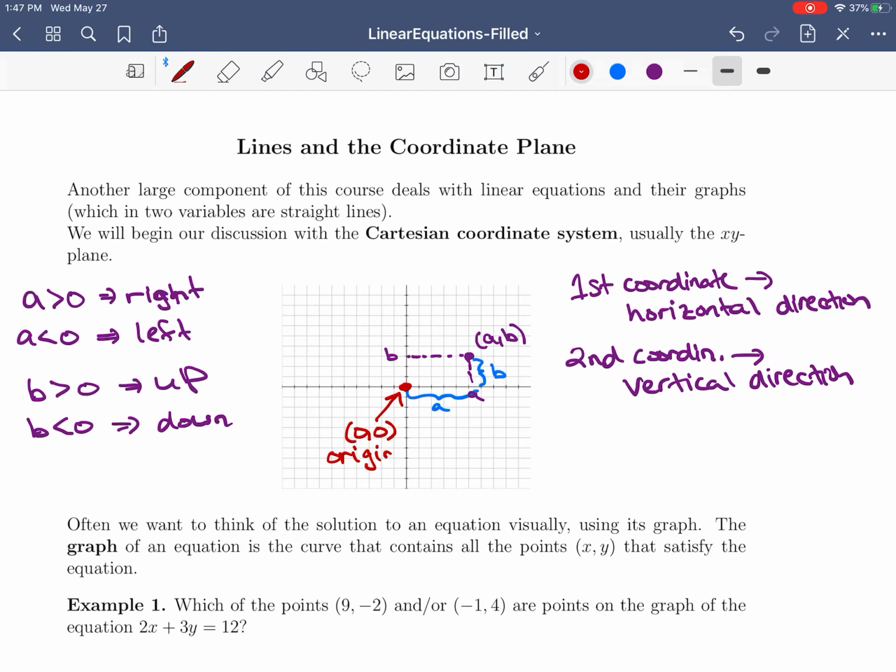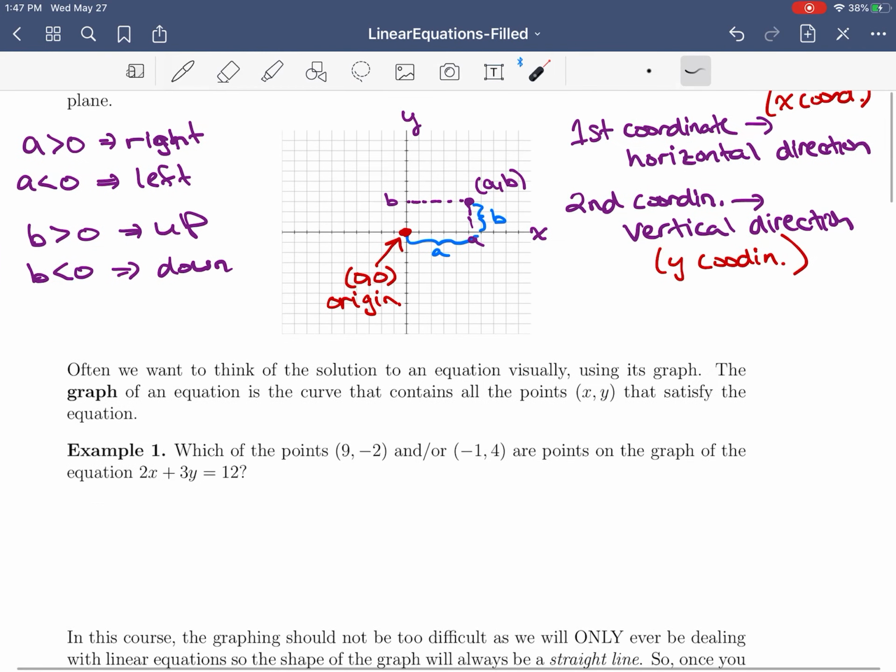The horizontal axis we call the x-axis, whereas the vertical axis we call the y-axis. The first coordinate is often called the x-coordinate, whereas the second coordinate is the y-coordinate. They're telling you how you're moving in each direction.